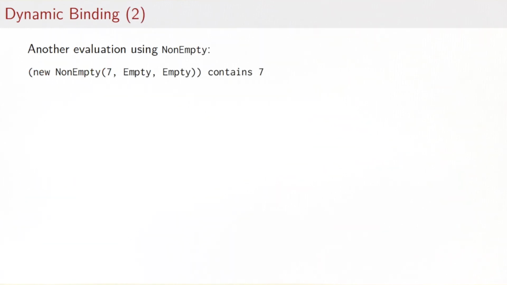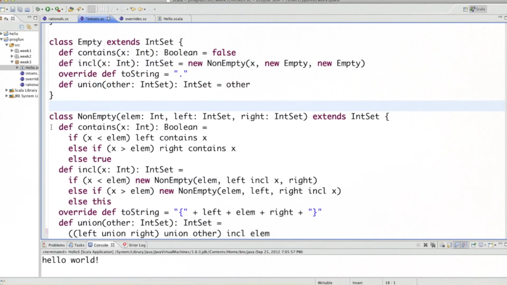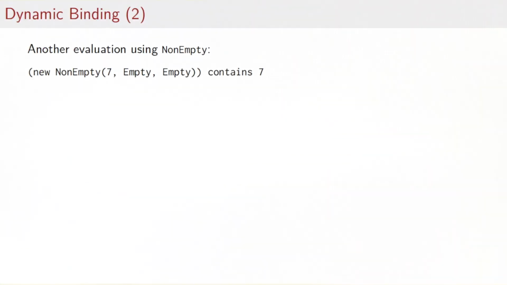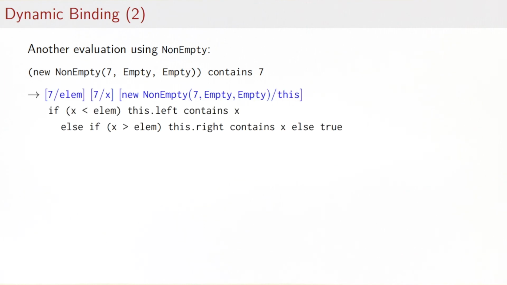Here's another evaluation using non-empty. We would have the set non-empty 7 empty empty, and we ask whether it contains 7. So if we look back at the definition of contains in non-empty, that's what we see here. And if we apply our substitution rules, then it means that this call of the method will be replaced by the right-hand side of the contains method, which you see here, and at the same time the substitutions of the parameters of the class and the method and the self-reference, so the 3 elements that you see here.